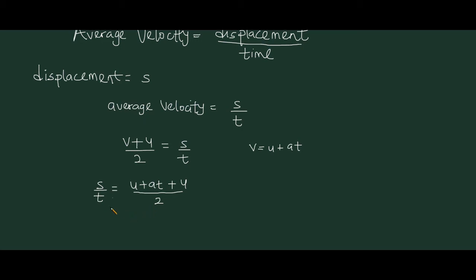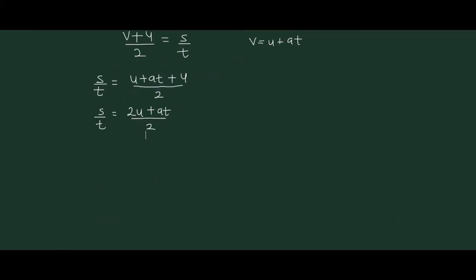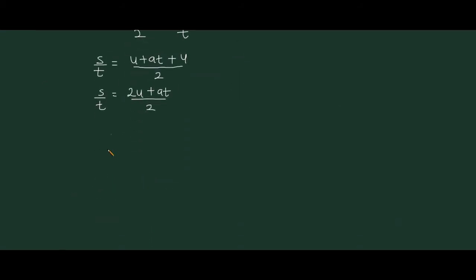If I add up like terms, this will be 2u plus at all over 2. Solving this, I'll separate my denominator and have s over t is equal to 2u over 2 plus at over 2.